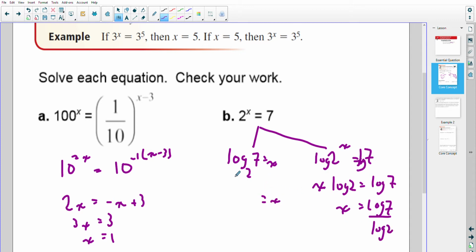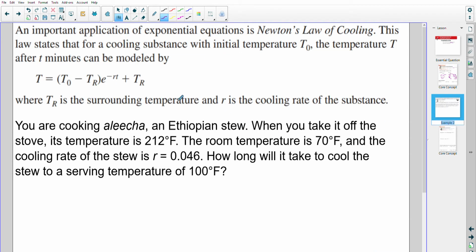Yes, because the change of base law says that that is equal to that, which in turn they would be equal, and then you'd use your calculator and determine what those would equal. Choose whichever way makes sense to you, and stick with it.